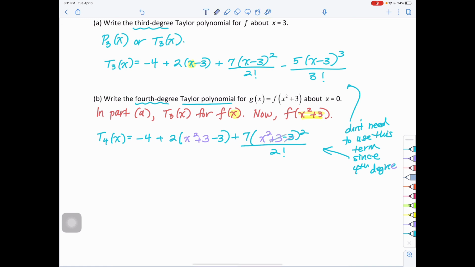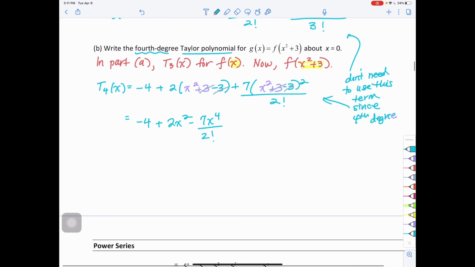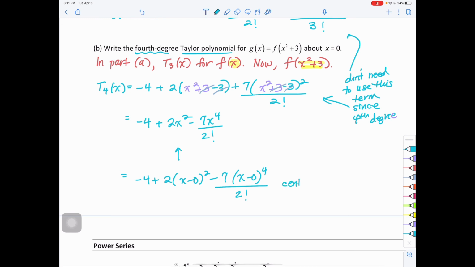So those cancel, and we end up with a negative 4 plus 2x squared minus 7x to the fourth over 2 factorial. Now what do you notice? Note that this is negative 4 plus 2 times x minus 0 squared minus 7 times x minus 0 to the fourth over 2 factorial. So we did have a center of 0. So this is our fourth degree Taylor polynomial for g of x. And that concludes this first part of Unit 10b.